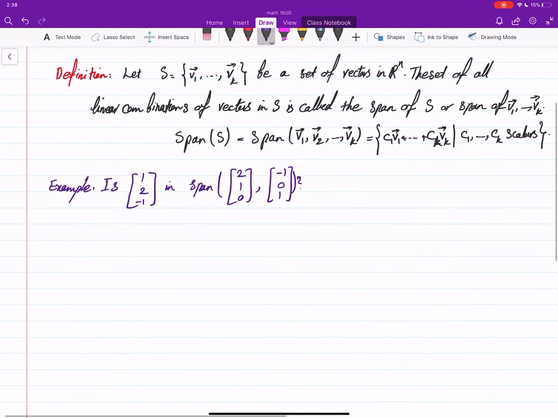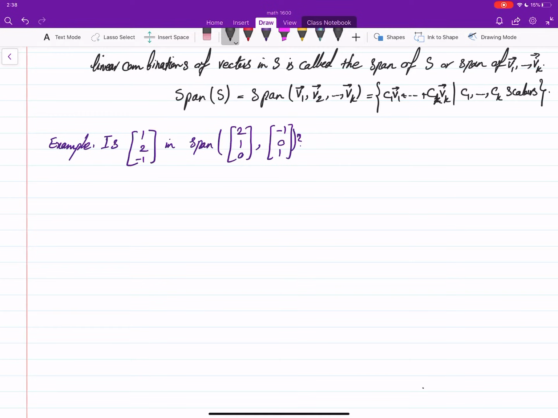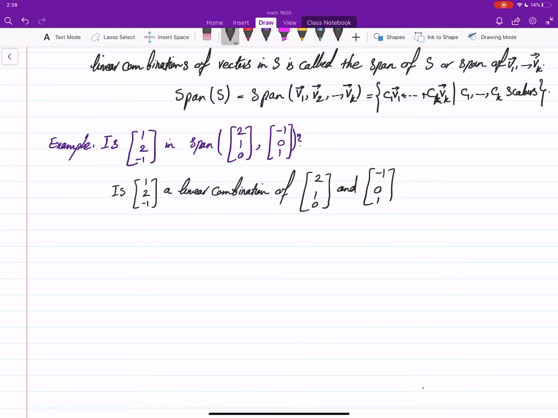One can rephrase it and ask: is (1, 2, -1) a linear combination of these vectors (2, 1, 0) and (-1, 0, 1)? That's another way of asking this question.